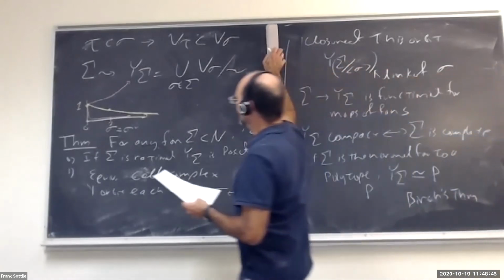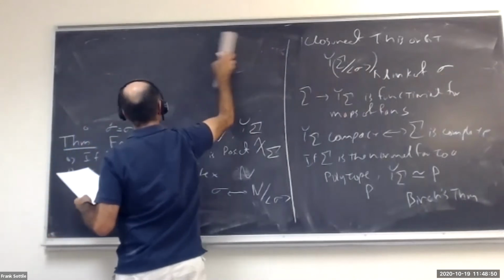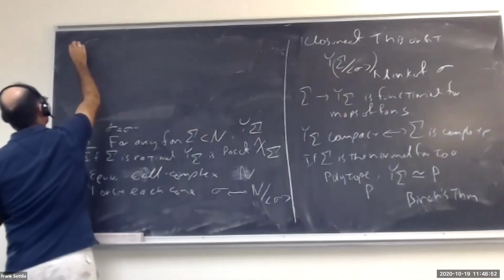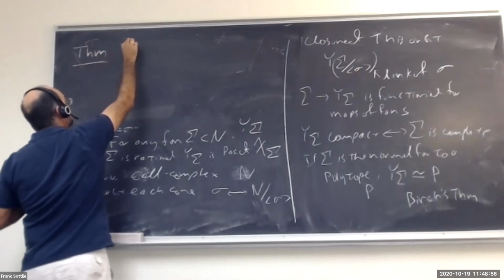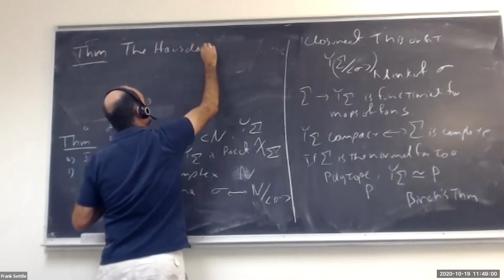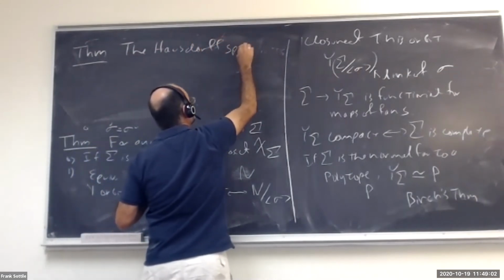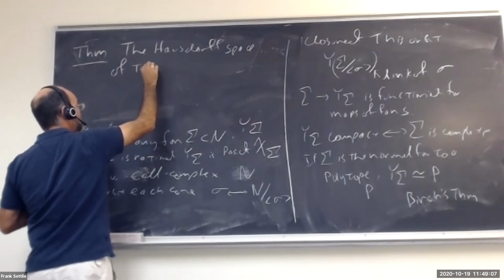And a consequence of all this, once all of this was proven, is that it's possible to show our original goal: the Hausdorff space of torus translates.